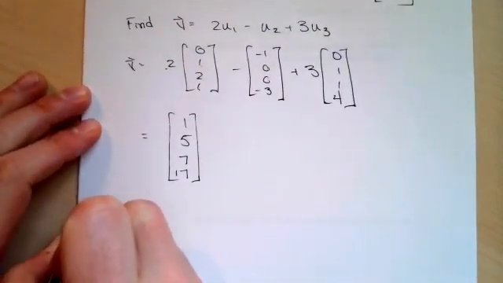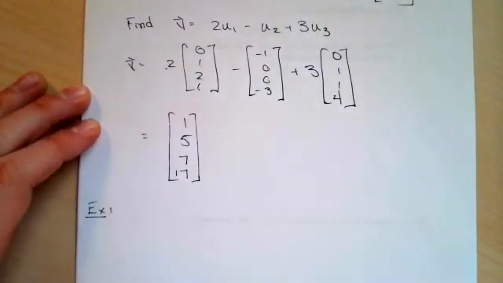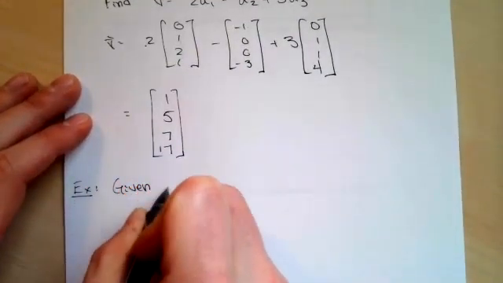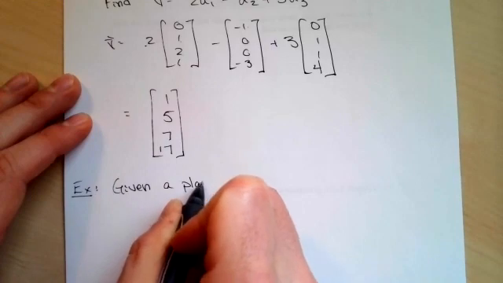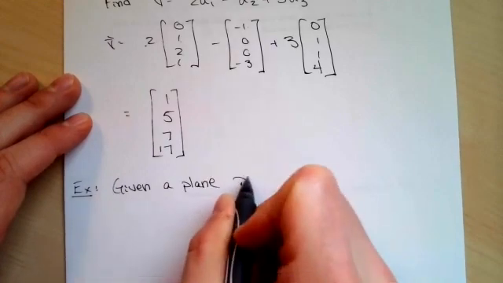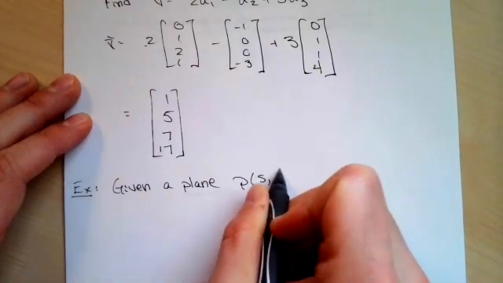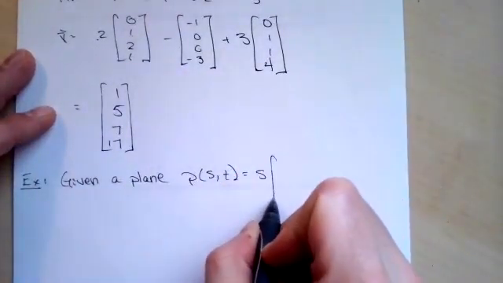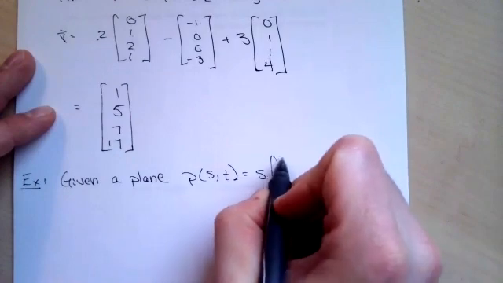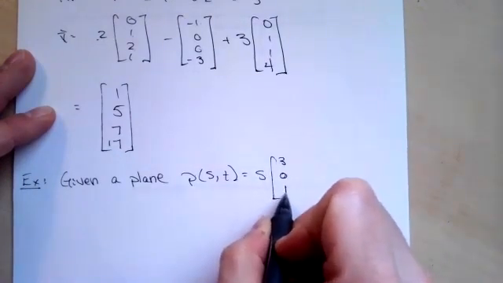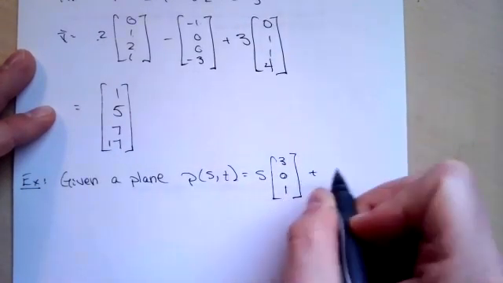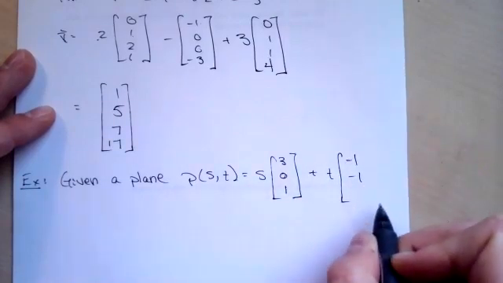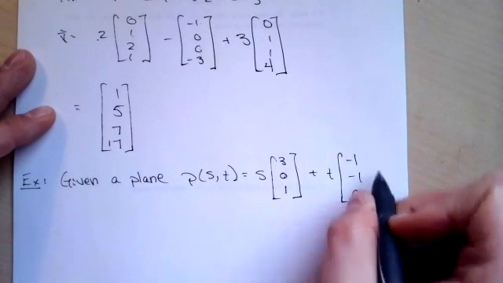And then let's build a little bit upon the examples we were looking at yesterday. So given a plane, P(s,t) equal to s times (3, 0, 1) plus t times (-1, -1, 0).